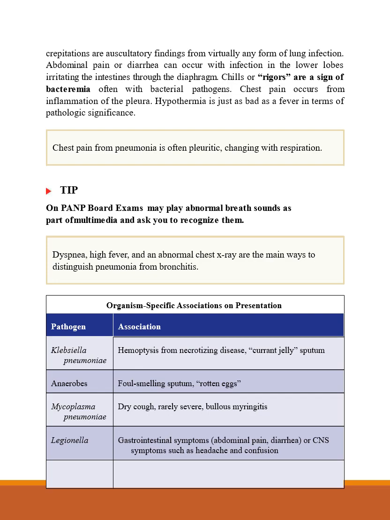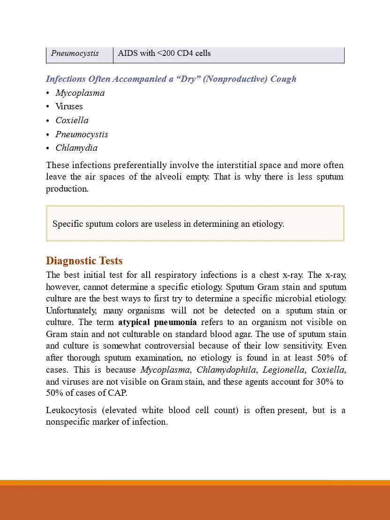Let's go to the next slide. Slide number 7. And Pneumocystis is usually associated with AIDS with CD4 cell count less than 200.